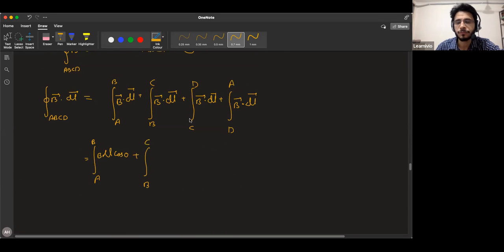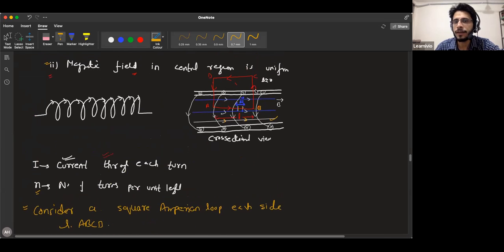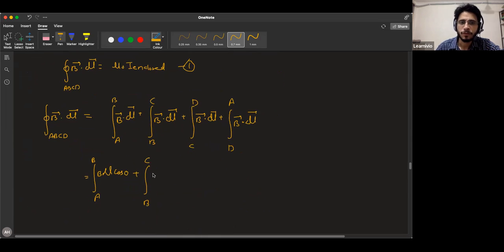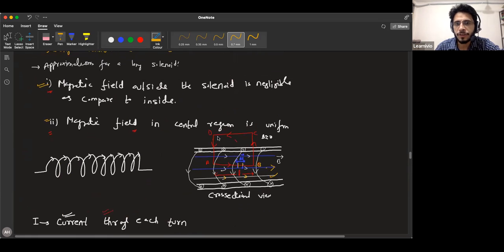B to C: B to C is the direction of dl and this is the direction of the magnetic field. The magnetic field is perpendicular to the length element, so it's B dl cos 90. C to D: this portion is outside the solenoid.